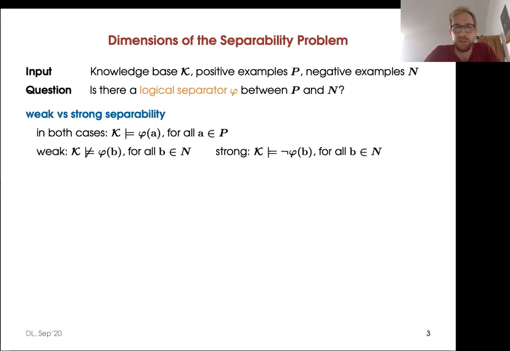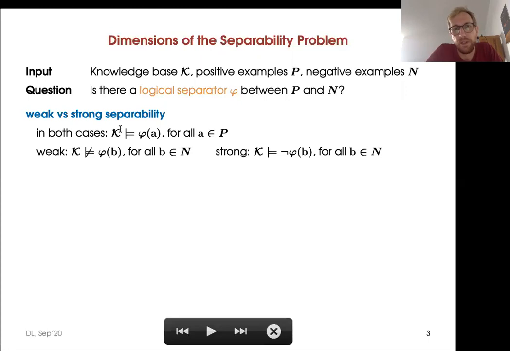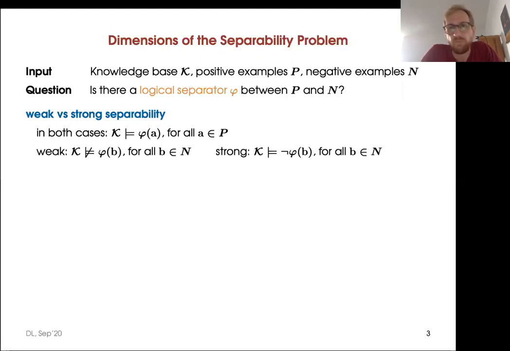First of all, I want to define what it is. There are actually two versions, namely the weak and the strong separability problem. In both cases, we require that this logical separator, phi, is entailed for all the positive examples.